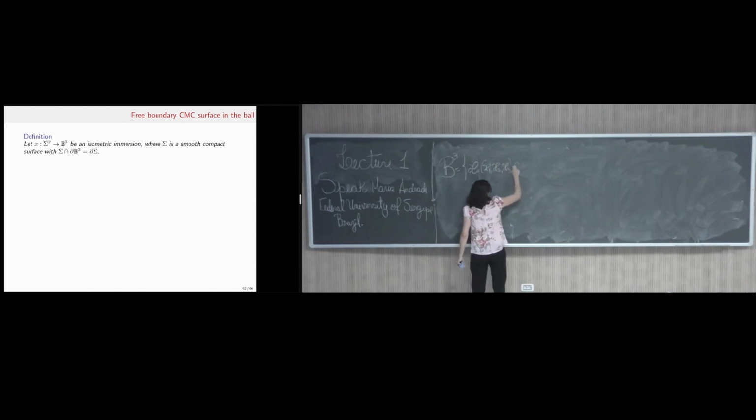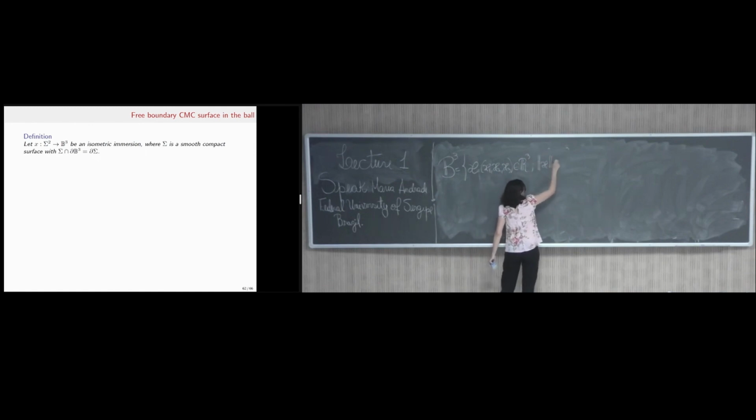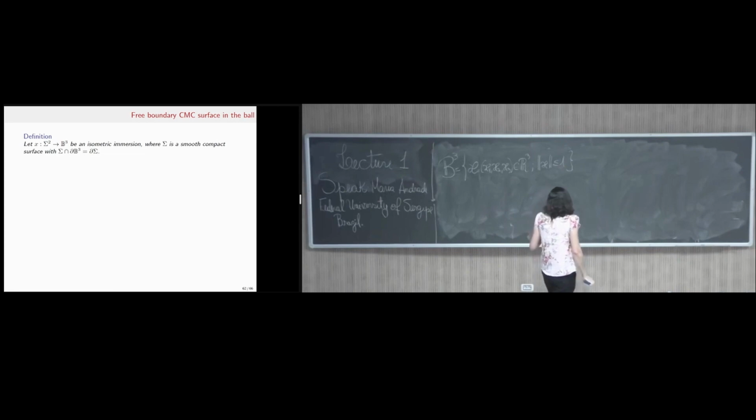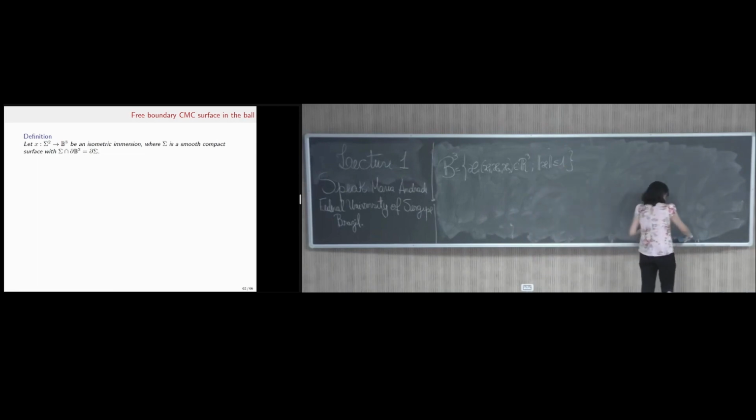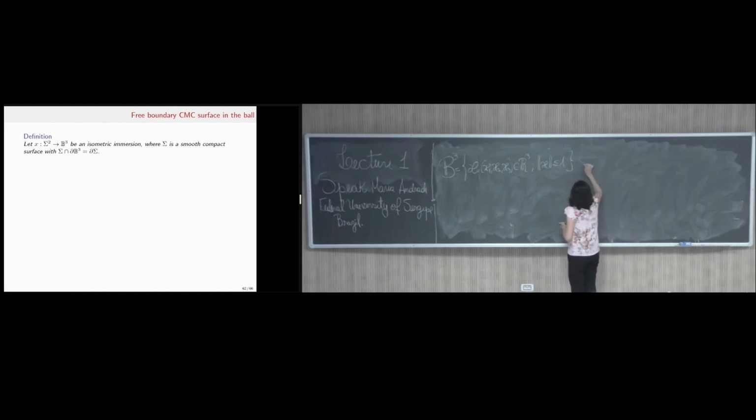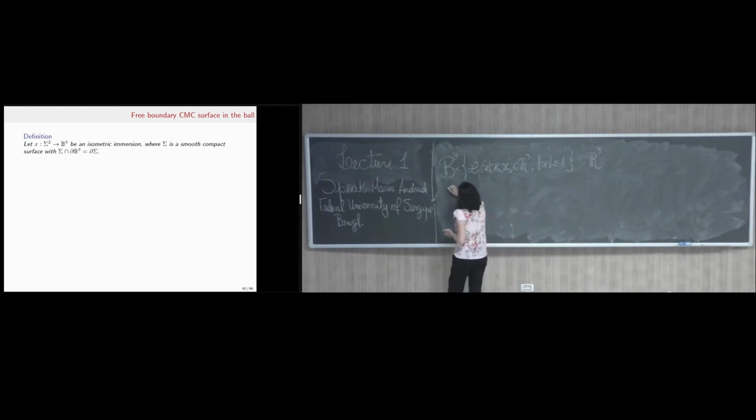The Euclidean three-ball is the set of points x in Euclidean three-space such that the norm is less than or equal to 1. This ball lives in Euclidean three-space, and I consider an immersion of a surface into it.